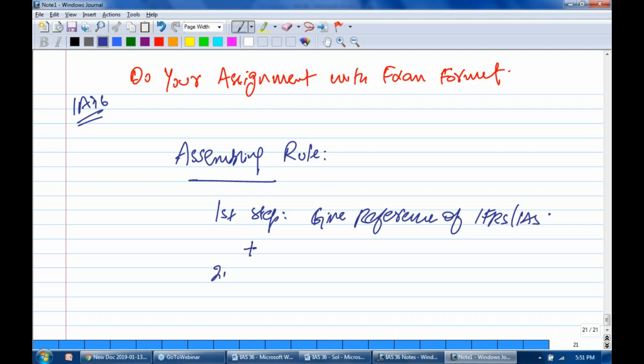Then, second step, connect with the case. So now start your assignment with this behavior.